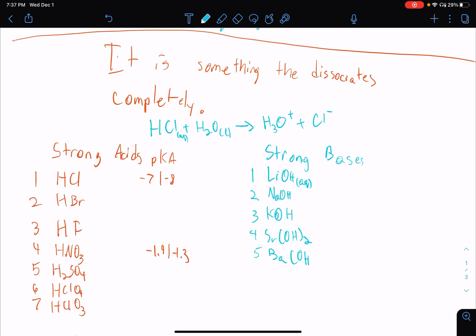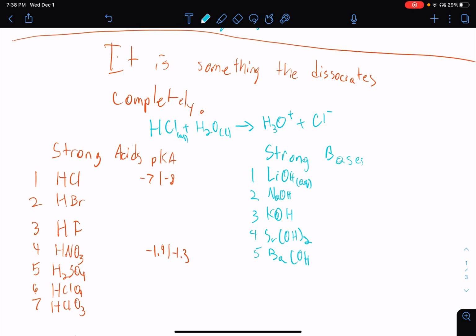This is a little memorization game, and it makes it easier because on paper you really don't know if what you get is a strong acid, or if you're doing research and you find a new strong acid, you will have to figure it out chemically and by its properties, and not based off of just memorization.